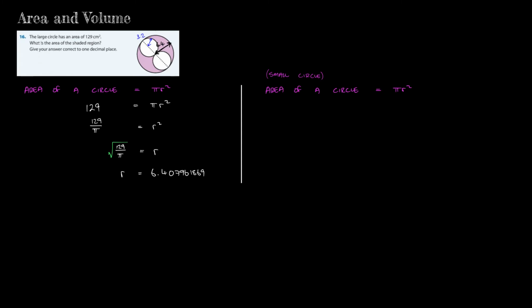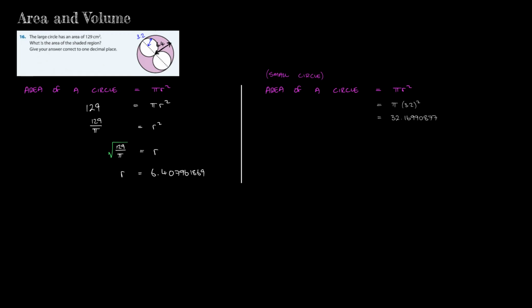The small circle has a radius of 3.2, so the area is equal to pi times 3.2 squared, which gives us 32.16990877. Okay, so that's the area of the small circle.